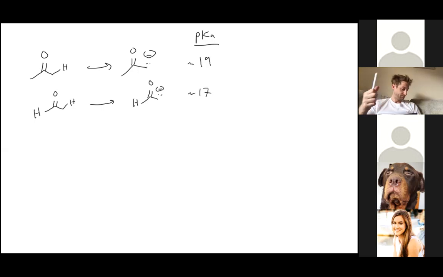Versus some other compounds we're going to use a lot.